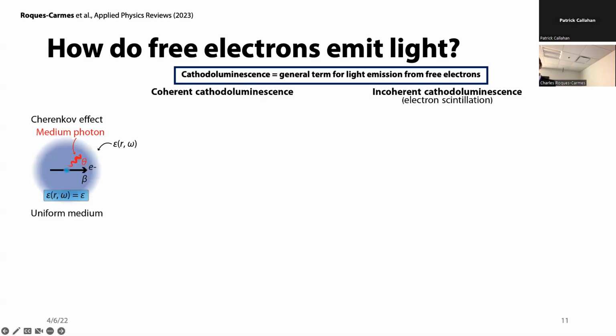Let's start with the coherent cathodoluminescence. Perhaps an effect that you already know is the Cherenkov effect. It's a Nobel Prize winning discovery. It's very well known, especially in particle physics, and it has many analogs in other fields of physics. It happens when a particle propagates at a speed which is larger than the phase velocity of light in the material.